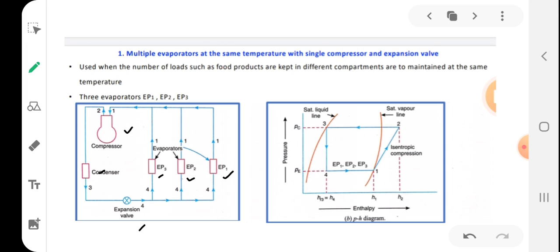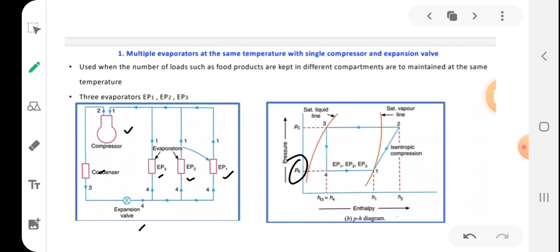All the 3 evaporators are connected in parallel. It is used when a number of loads, such as food products kept in different compartments, are to be maintained at the same temperature. Very important, all these 3 evaporators will maintain the same temperature and the same evaporator pressure.